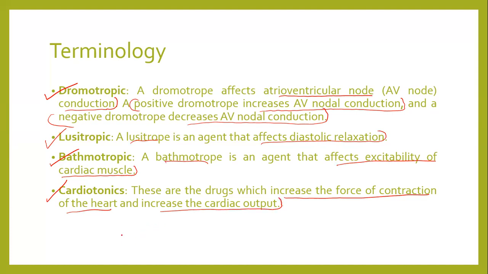So if you read this description of the cardiotonics, you should have digoxin in your mind, because digoxin, as we have seen its mechanism of action and the entire pharmacology of it, does that. It increases the force of contraction as well as the cardiac output.